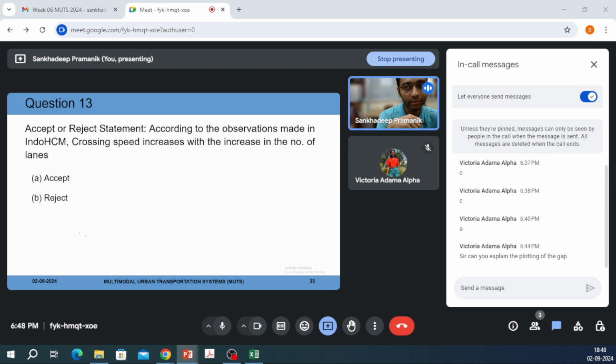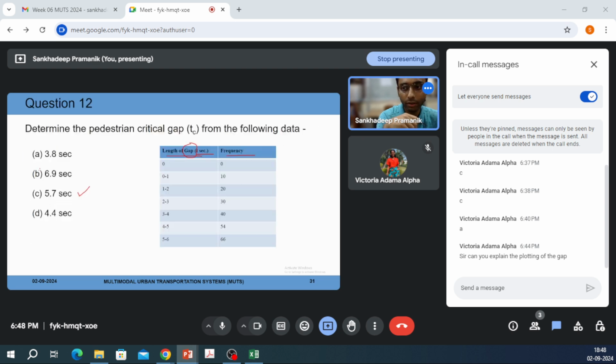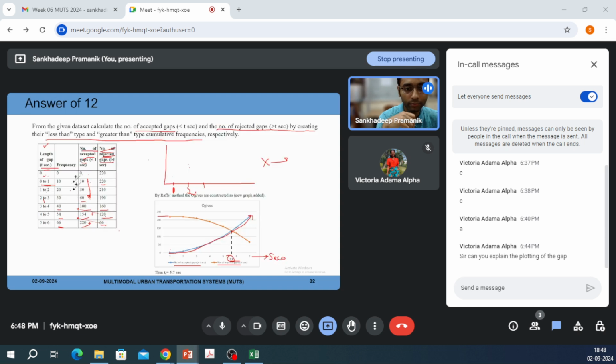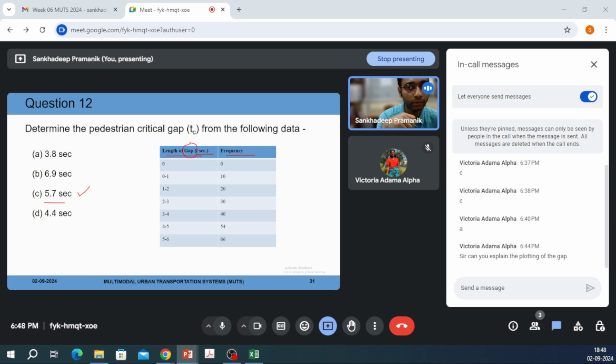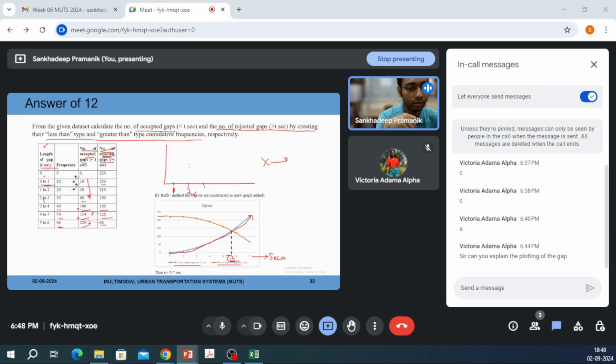So in this case it is between 5 and 6, and between 5 and 6 only this 5.7 value is there, so you can take this value as 5.7.